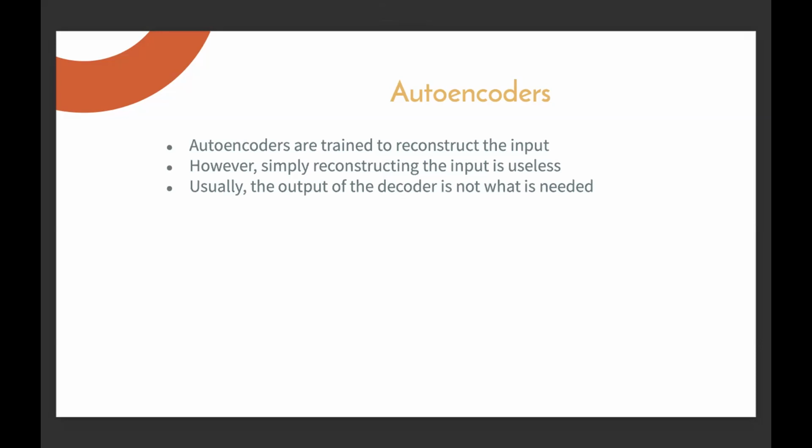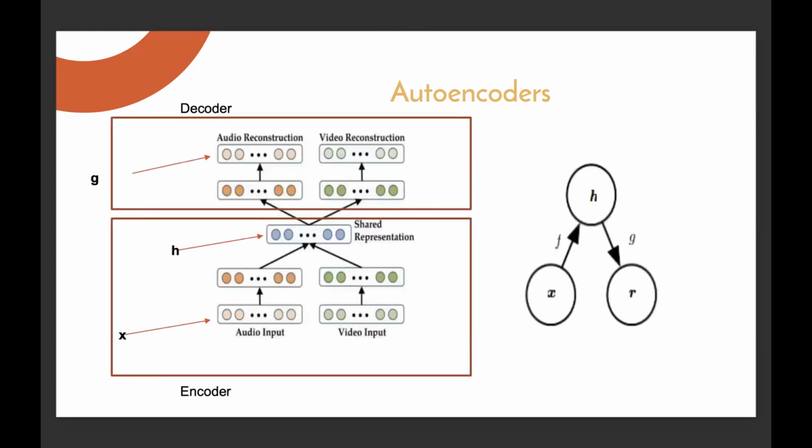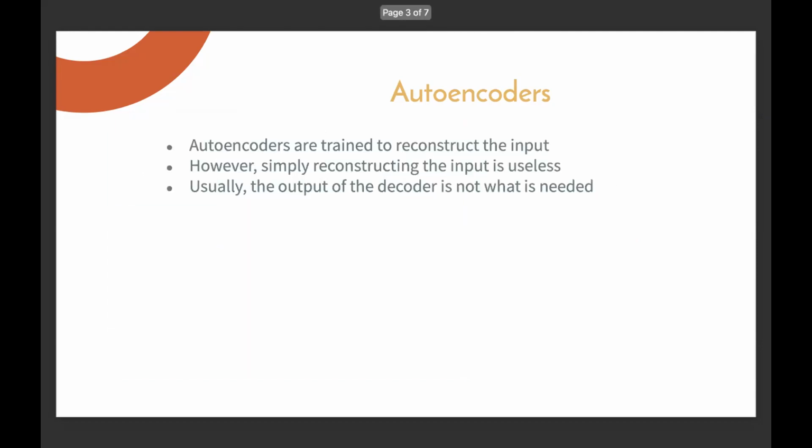Often autoencoders can be trained to reconstruct the input. However, simply reconstructing the input is useless because, for example, we have the original image or the audio, and we want to generate some new things, right? We don't want to generate the same thing as the input. So actually, the output of the decoder is not what is needed.